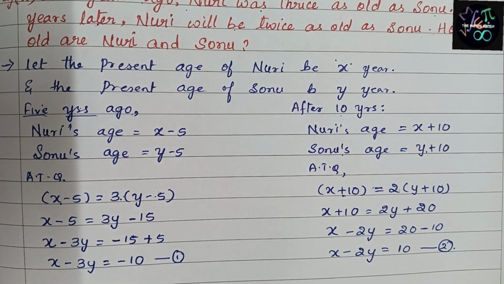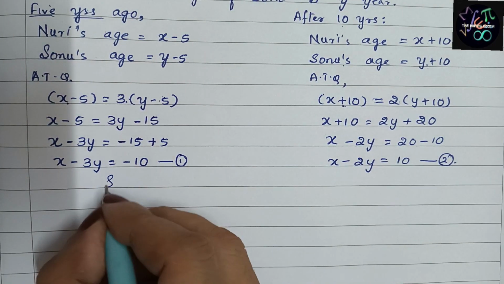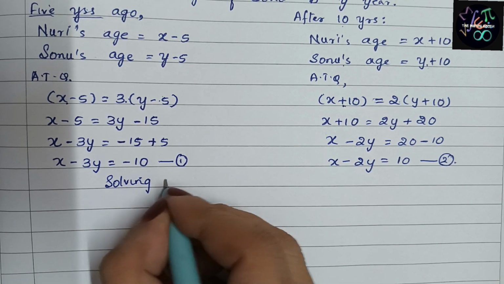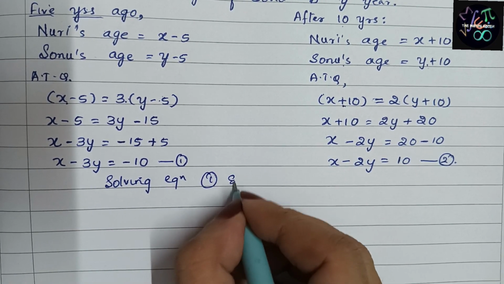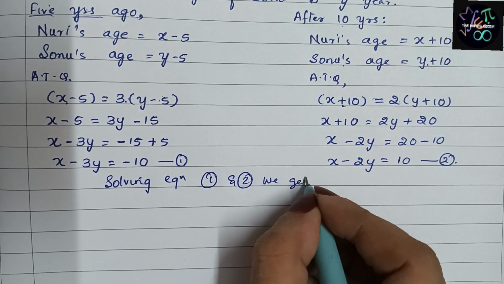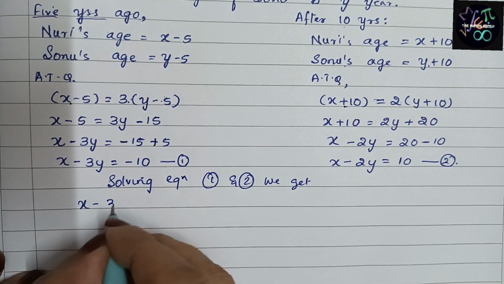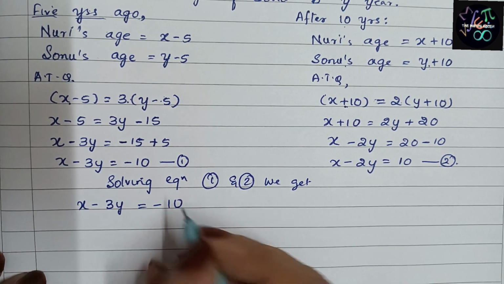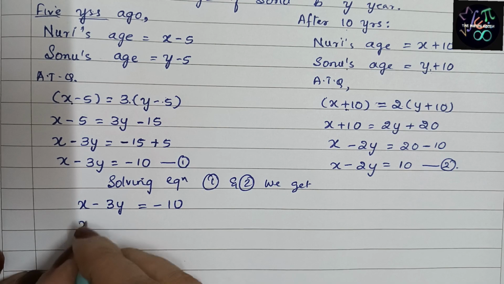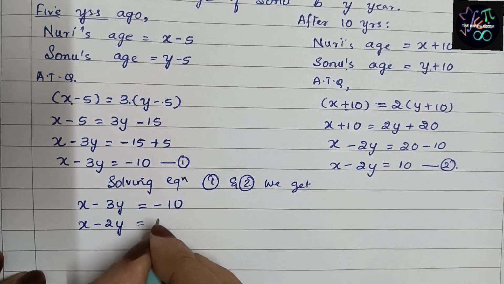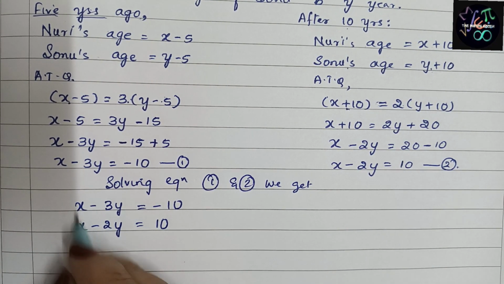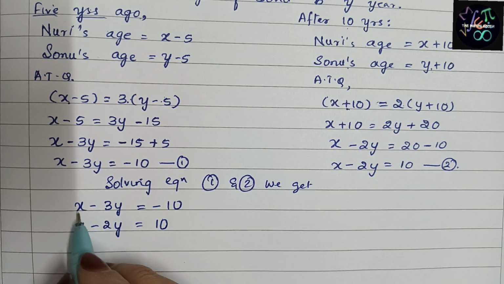Now we can go for solving equation 1 and 2. Solving equation 1 and 2 we get, x minus 3y is equal to minus 10 and x minus 2y is equal to 10. Here we can see x and x we have same terms, but we cannot eliminate because they have same sign.